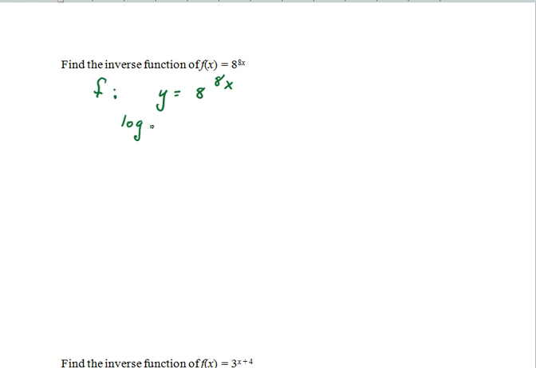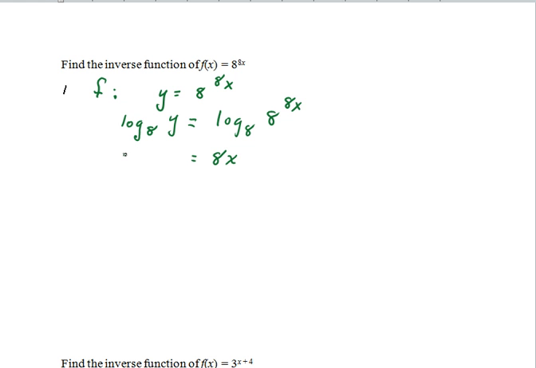I suggested the log base 8, so let's do that. Log base 8 of y is log base 8 of 8 to the 8x. So the right-hand side comes out to be 8x using the exponential rule.